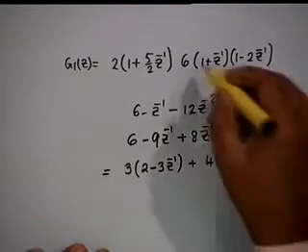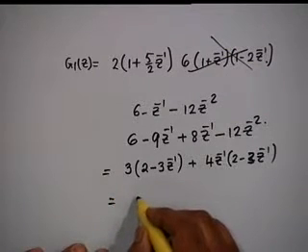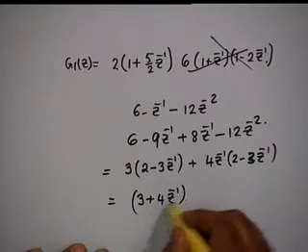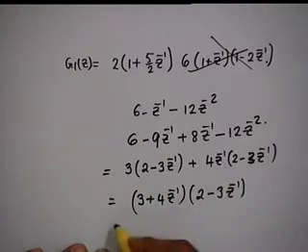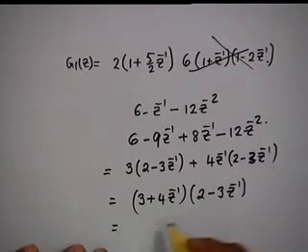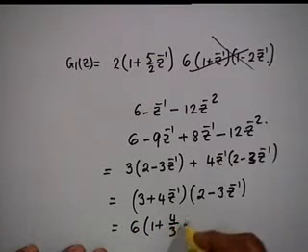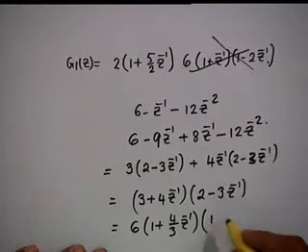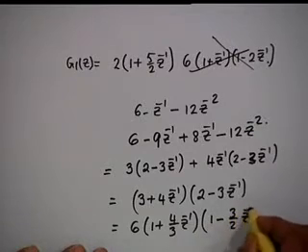And I can write this, in order to make the zeros transparent, as 6 times 1 plus 4 by 3 Z inverse and then 1 minus 3 by 2 Z inverse.